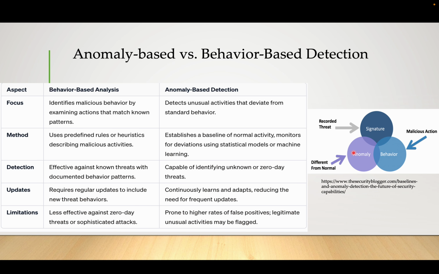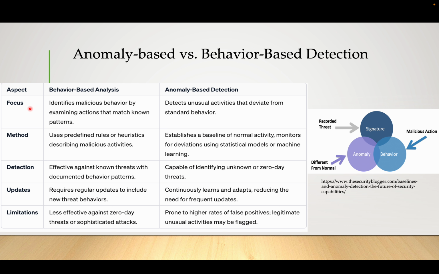Now, a lot of people sometimes get confused or don't understand the difference between anomaly-based versus behavior-based detection. So this is why, before you watch this video, it's very important that you spend some time watching the behavior-based detection video.